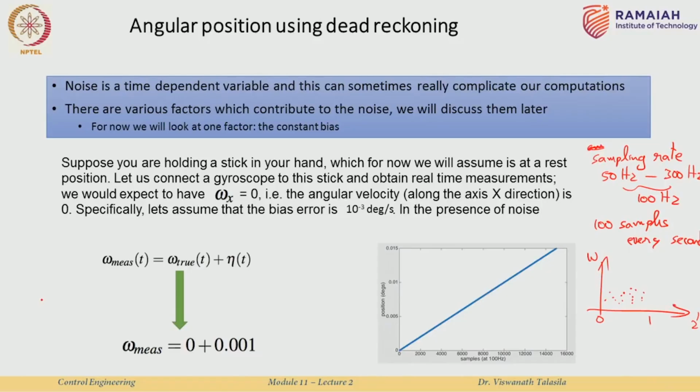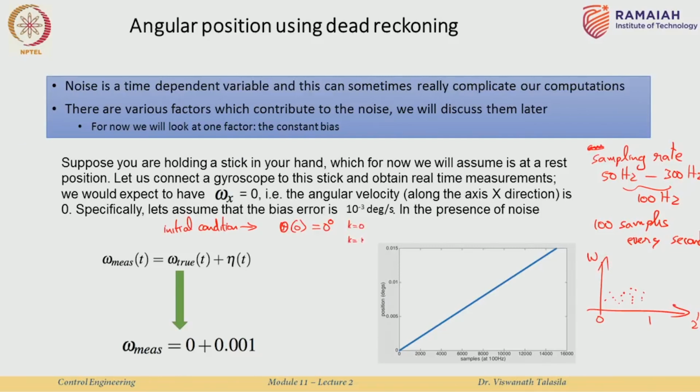Let us suppose the initial value of the gyro, which is perfectly at rest, theta, the angle at time 0, is 0 degrees. This is the initial condition. So this is known. Now I want to compute theta at the next sample. In this case k was equal to 0.